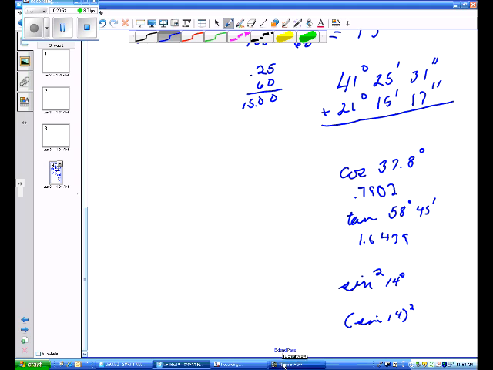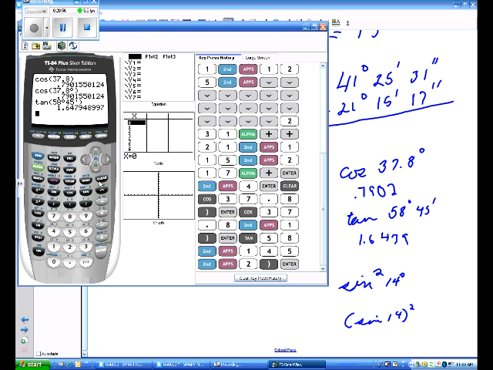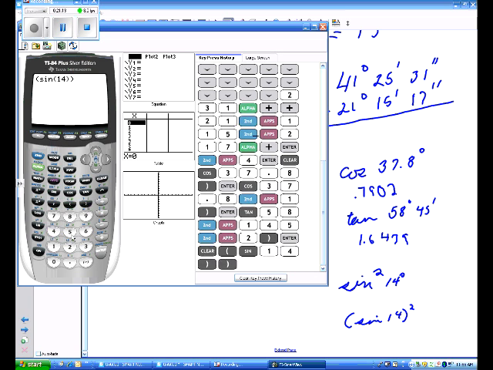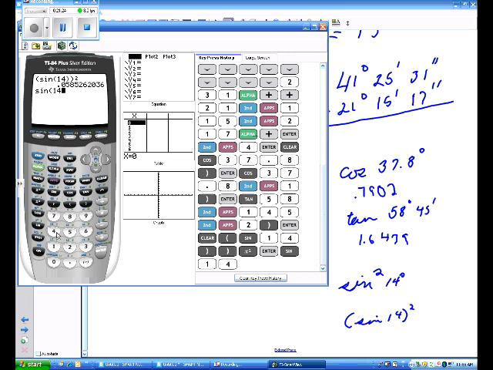Well, as you work with your calculator, you have to tell your calculator what to do. So if we're going to do this problem, then what we need to put is our parentheses, the sine of 14, close the parentheses, and then I could put square. Now, it wasn't necessary that I put those parentheses to begin with. I can put the sine of 14, but it is necessary that I close my angle before I hit the square key. And there I get the same answer.